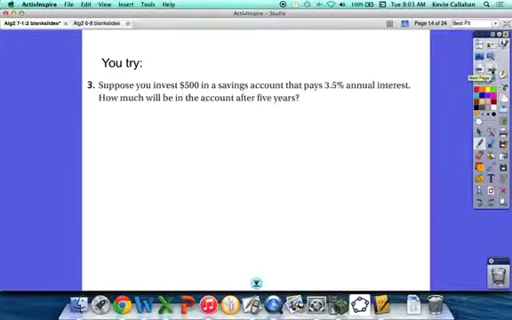So try to do the same thing with this one. Now the initial amount is 500. The interest rate is 3.5%.